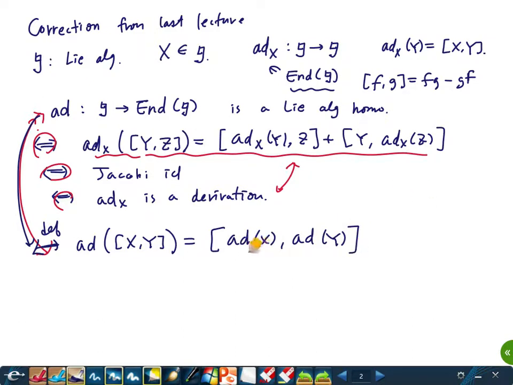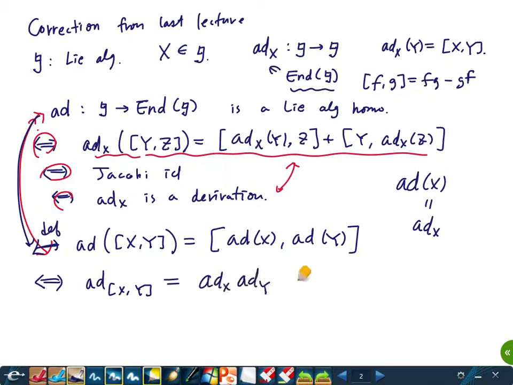But ad X is just, we will write this in this way. This is how we write the adjoint map. So this is really the same as ad [X, Y] equals, but now this bracket is in endomorphism of G, so the Lie bracket is given by this commutator. So it's ad X ad Y minus ad Y ad X.